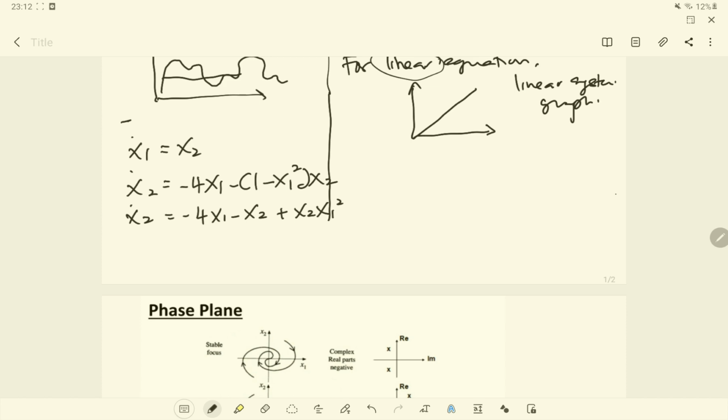Let's say this is the equation that you get after the modeling process, and this is the state space equation representing the system.